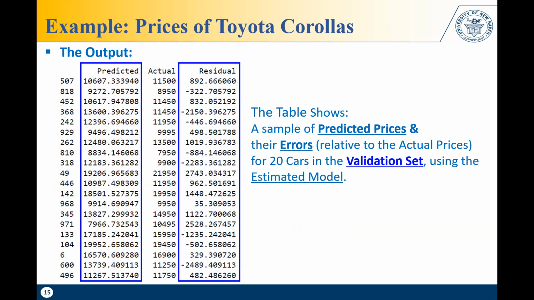This is the output, and as you can see, the table shows a sample of predicted prices and the errors relative to the actual price for 20 cars in the validation set using the estimated model.